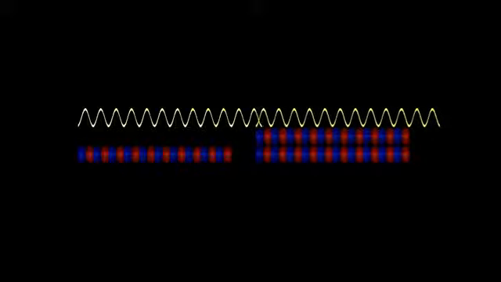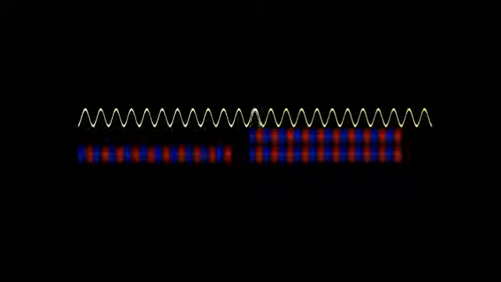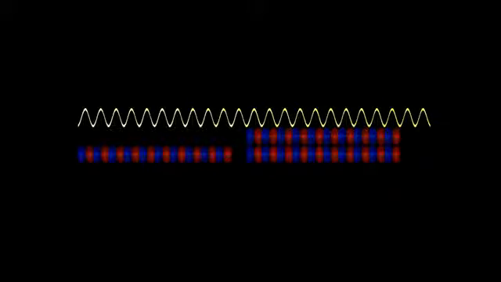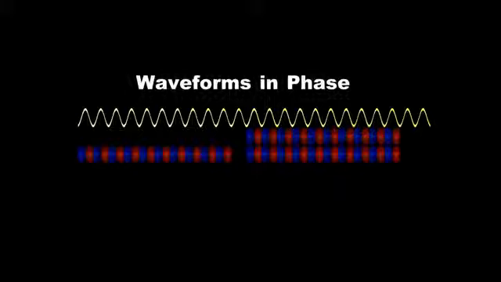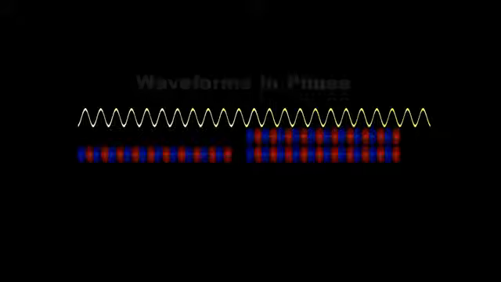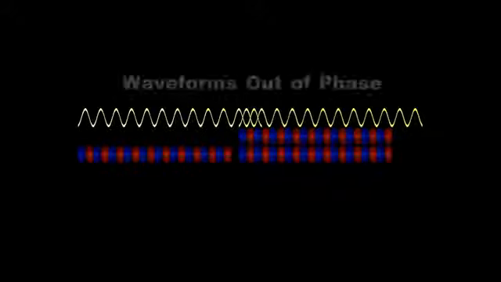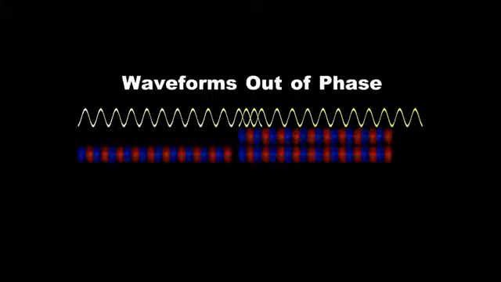Now we are going to overlap the rows of photons. When waveforms align with each other, they are referred to as being in phase. When the waveforms are not in alignment, they are referred to as being out of phase.